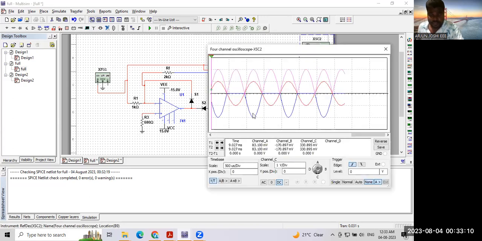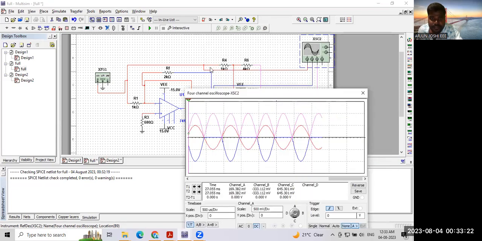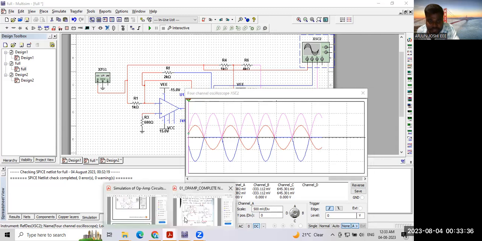Okay, yes. First I'm going to consider A. Please rotate this one, A. A is nothing but the red waveform, because it is connected to VA. For VA you need to consider only the peak, meaning 500 millivolts, that is nothing but 0.5 volts. And then what is B? For VB you need to consider this waveform, like this.